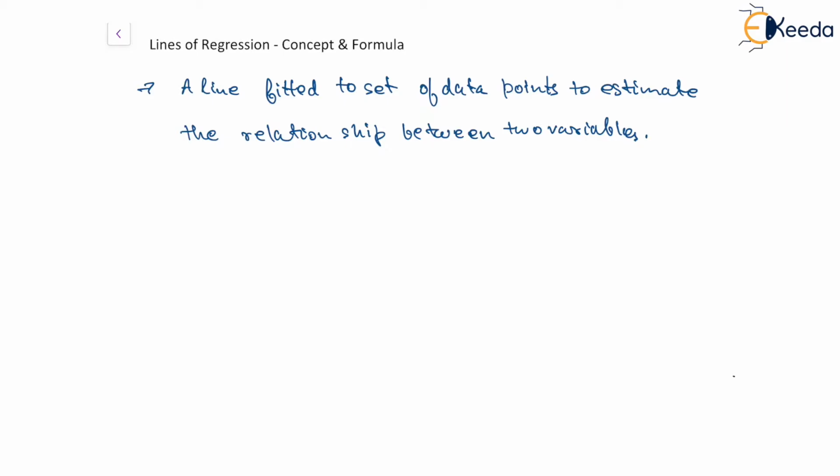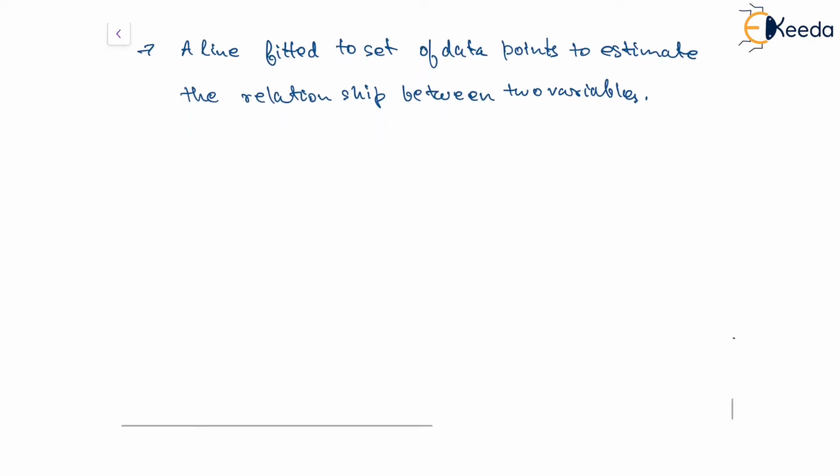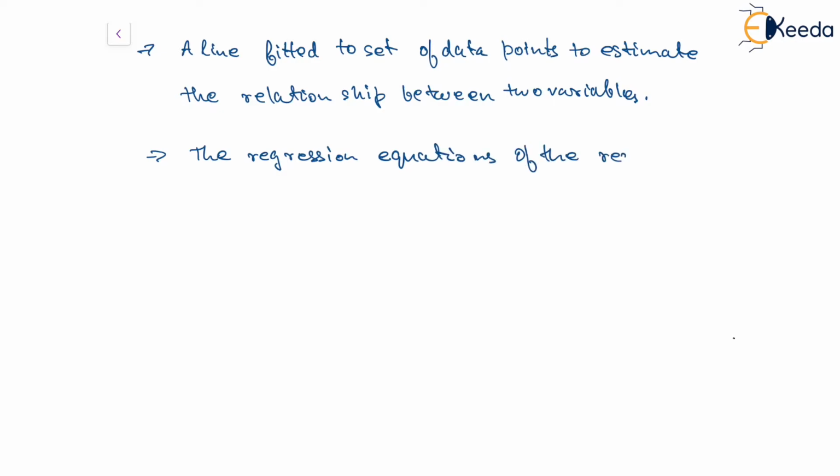Now, also this regression equation which we'll get, the regression equation of the regression line, which is also called least square line, is actually used and is determined by the least square method.